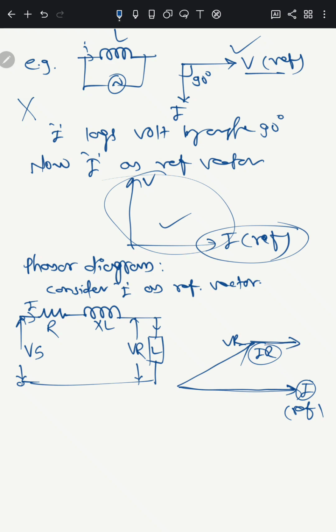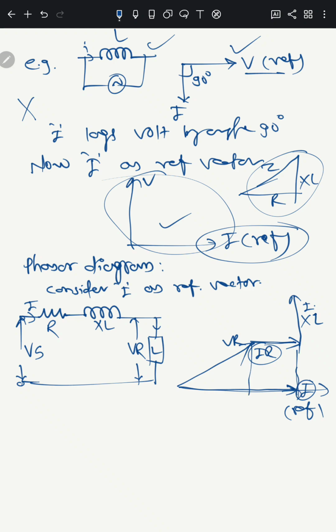Then we draw I XL. If you consider the impedance triangle, it was like this: Z, R and XL. Similarly, considering the same parameters, I draw I into XL over here, and join these two vectors. I will get the sending end voltage.